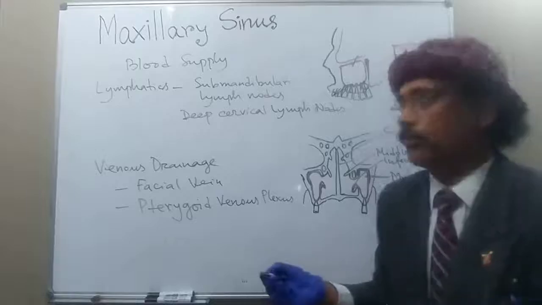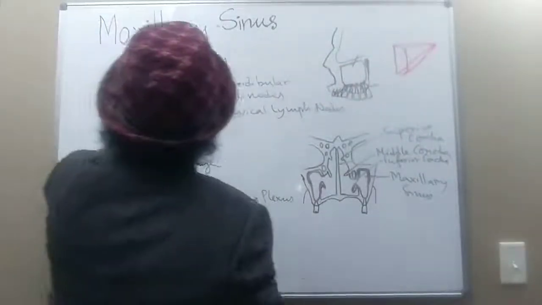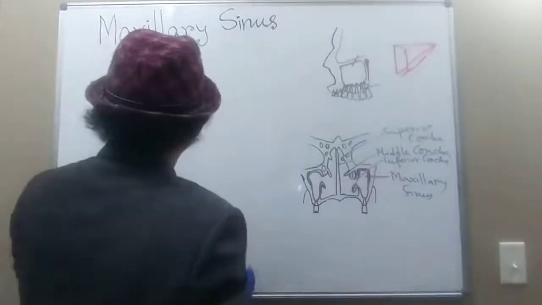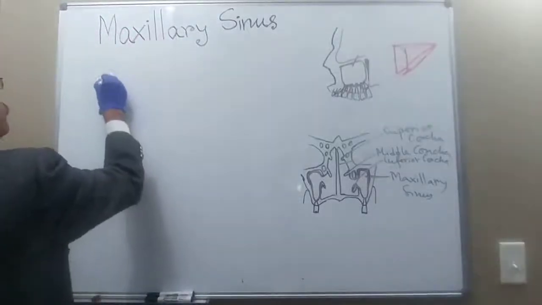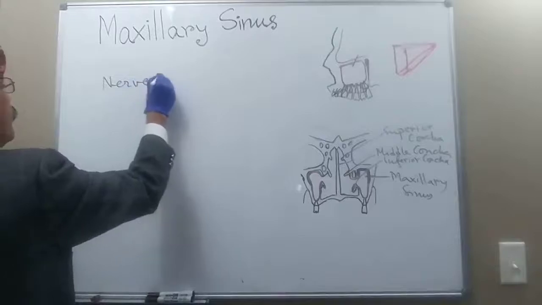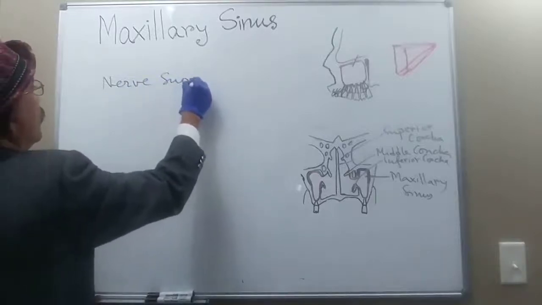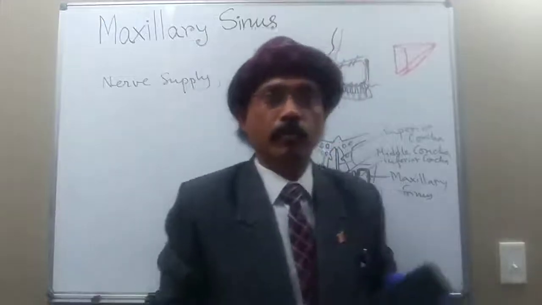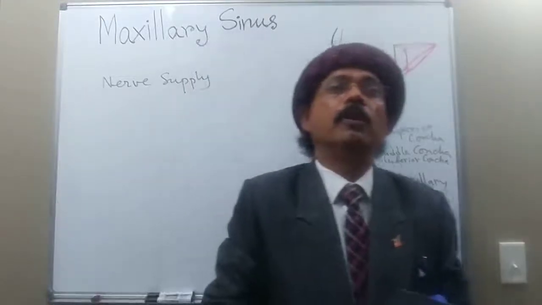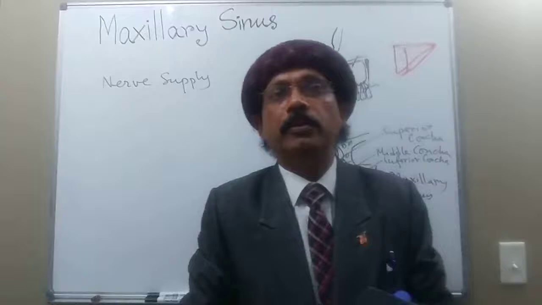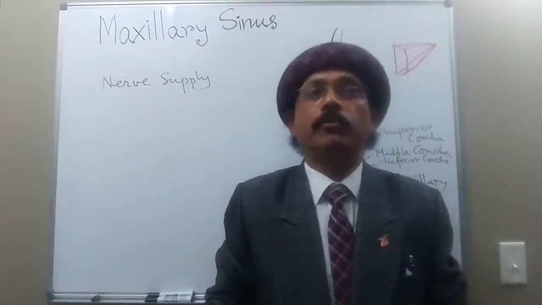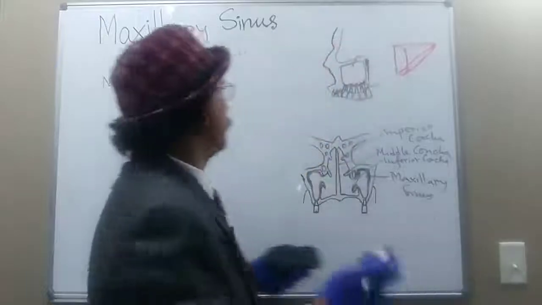Now we'll go to the nerve supply. Okay, nerve supply or innervation. Nerve supply is by means of the anterior, middle and posterior superior alveolar nerves. These are branches of the maxillary nerve by means of the infraorbital nerve.